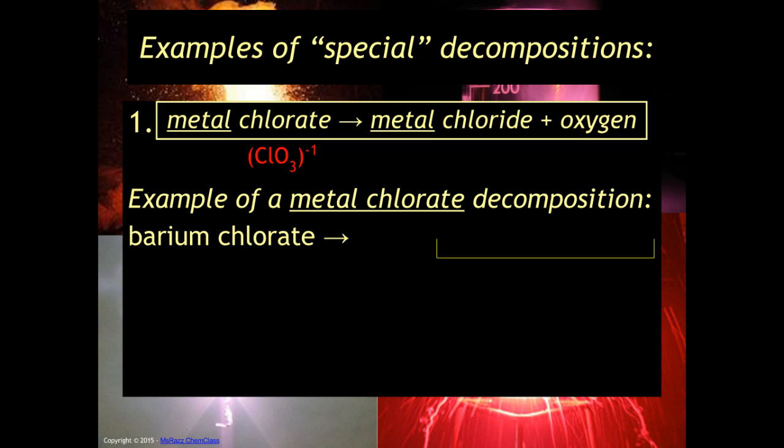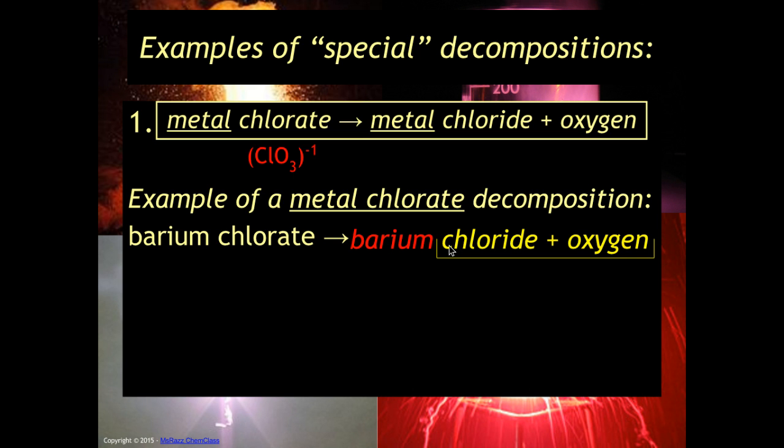A metal chlorate, and that metal could be any metal, will yield a metal chloride plus oxygen. And here's why it's special. Whenever a chlorate decomposes with a metal, you always get chloride and oxygen. Whatever metal you had is going to be with chlorine. So in this case, it's barium chloride plus oxygen.